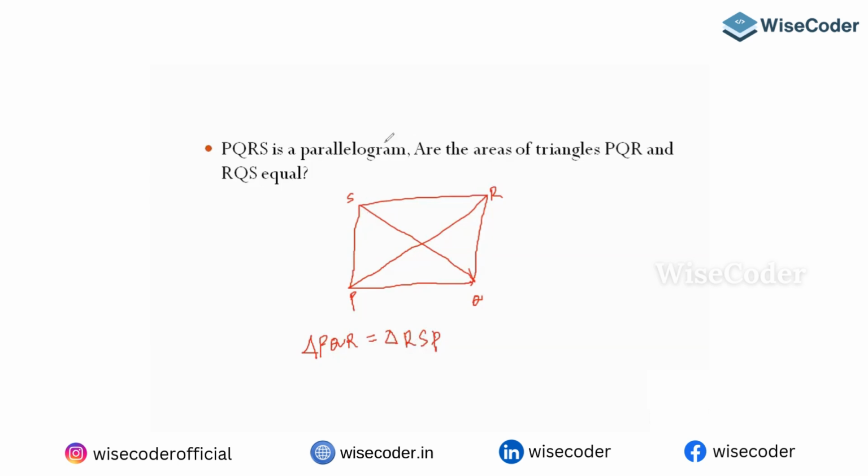What are they asking? Are the areas equal? Yes, they are equal. You can do half into area of PQRS, because area of triangle PQR is equal to area of triangle RSP, that is nothing but half into area of PQRS. So the areas of triangles PQR and RSP are equal.